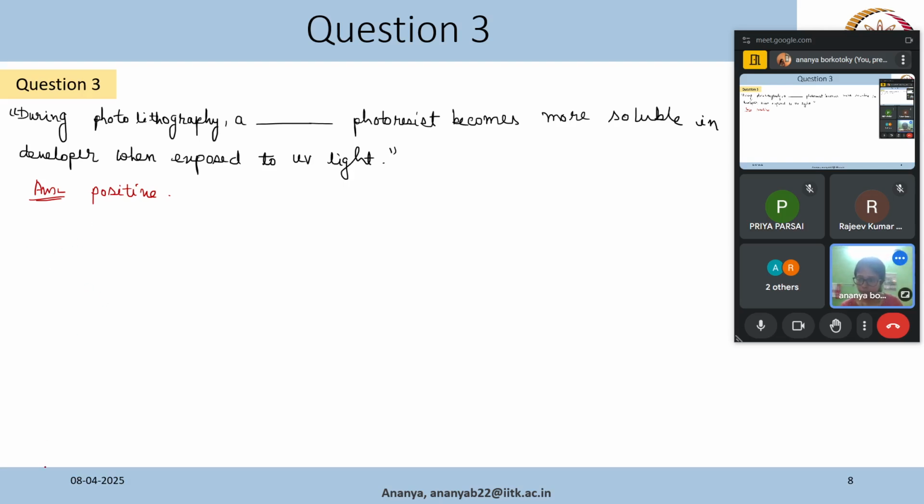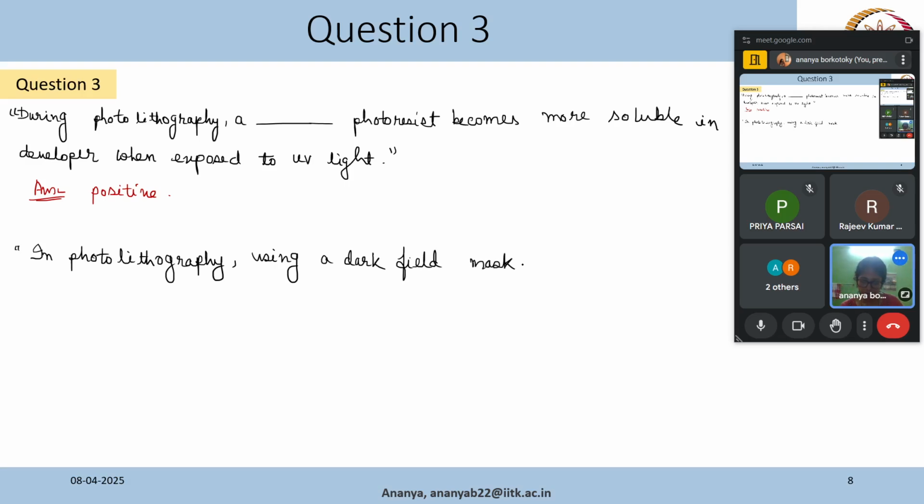Next statement is: in photolithography, using a dark field, you know what is a dark field mask and a light field mask, with a negative photoresist, will cause the exposed areas to.